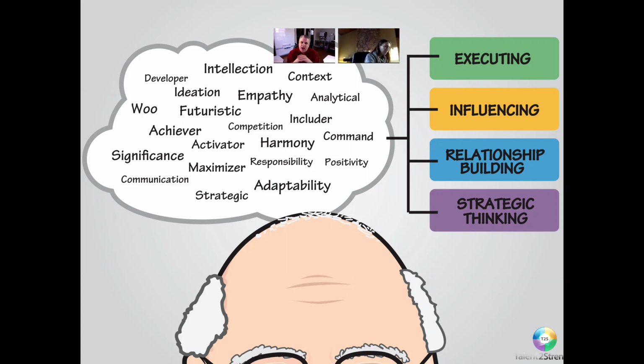And some people will have all 5 of them be within one domain. I had one woman who cried because she had all executing themes, and she's like, I can't think, or I can't relate to people. And that's not true. So again, I really want to be cautious about how people use these 4 categories.